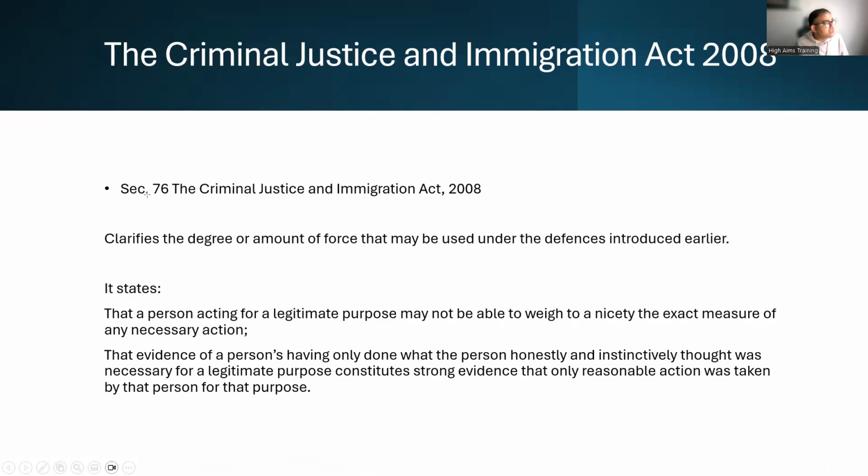Now, Section 76 of the Criminal Justice and Immigration Act 2008 clarifies the degree or amount of force that may be used under the defense introduced earlier. What they're saying is that a person acting for a legitimate purpose, meaning a legal purpose, may not be able to weigh to a nicety the exact measure of any necessary action.